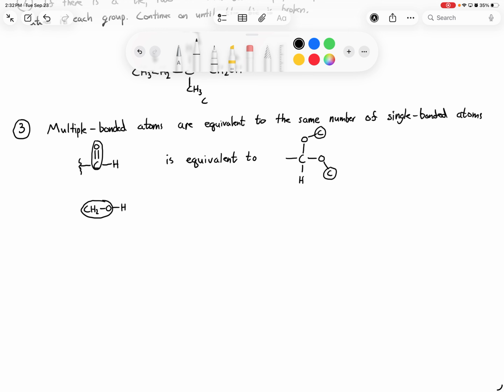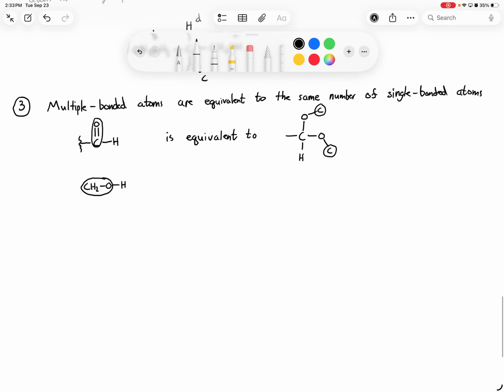If it's the same type of atoms you're considering, C and O, then single has the lowest priority, then the double, and the highest priority is the triple bond. Okay, but this is how you visualize this. I'll put this in quotation marks because this is not actually what it looks like, but for priority's sake, that's how you should visualize it in terms of assigning R and S.